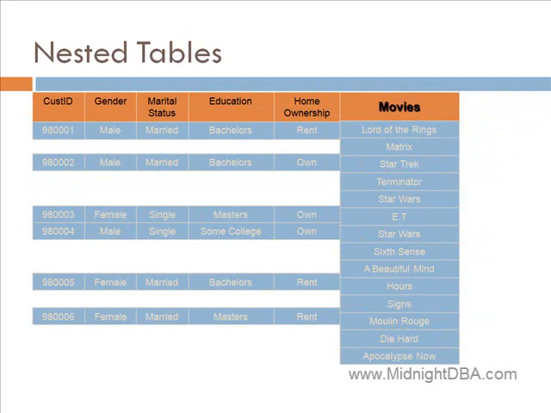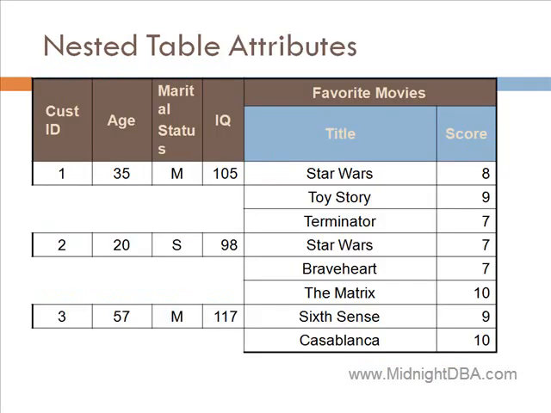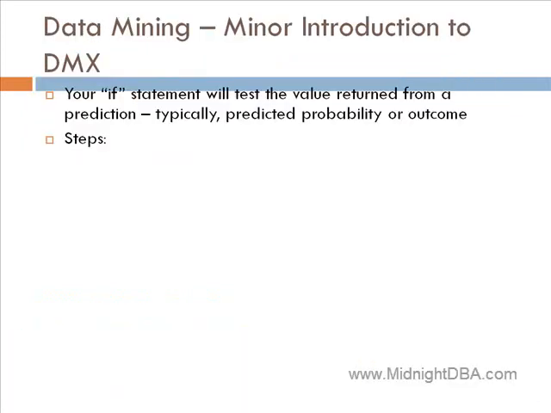Behind the scenes, the data mining model will merge those and then do analysis based on those cases, and then give you information about those attributes and people's most likely association with a particular movie. This actually came out of a data mining survey that was done internally at Microsoft during the SQL 2005 development cycle.